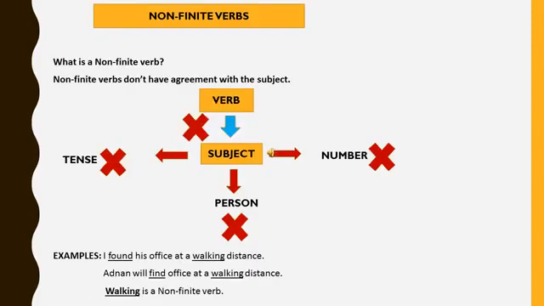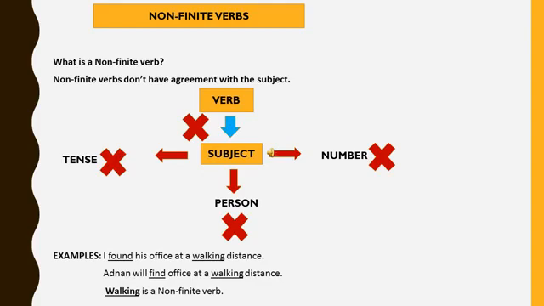Now let's talk about non-finite verbs. What is a non-finite verb? Non-finite verbs don't have agreement with the subject. They do not change with the tense, the number, or the person. Here are some examples. There is a sentence: I found his office at a walking distance.